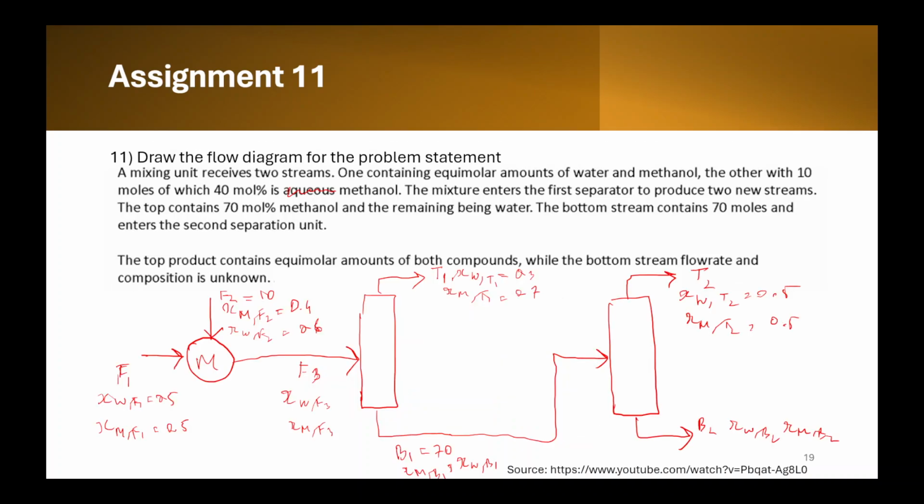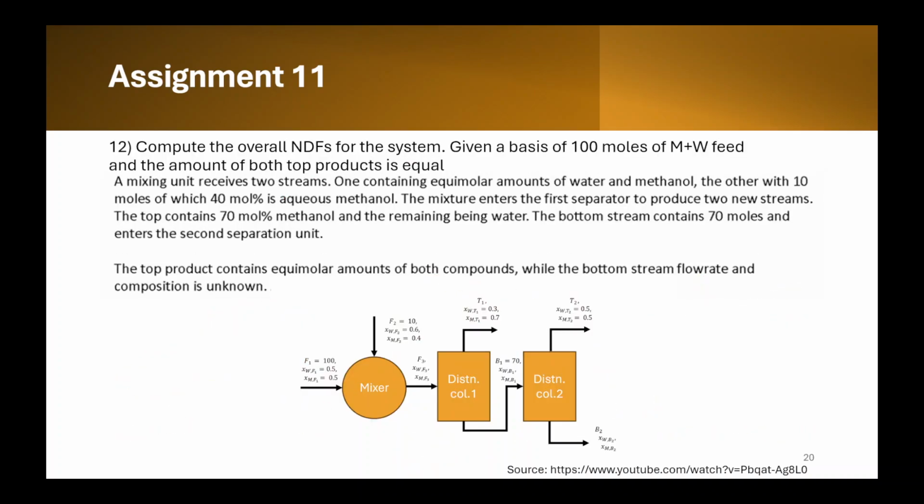Whatever I drew here, I have a pictorial depiction of that shown here. So now you know the question, and you have drawn the flow sheet. Now you compute the NDF, the number of degrees of freedom. So the overall NDF for the system, given a basis of 100 moles of M plus W feed and the amount of both top products being equal.